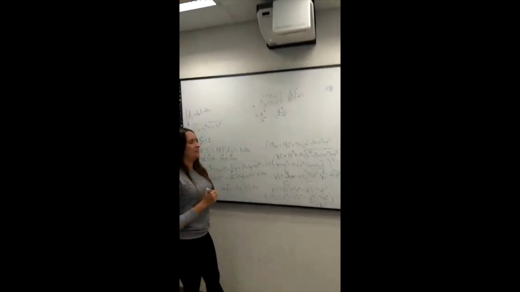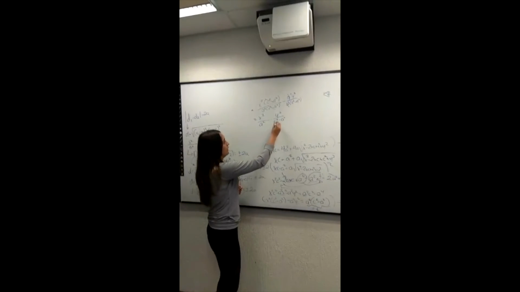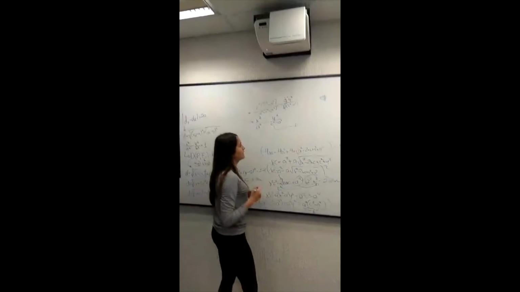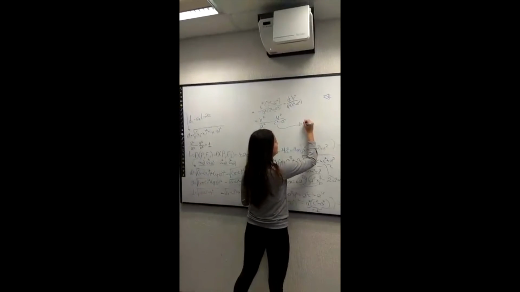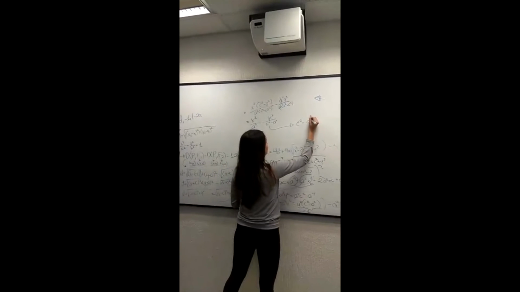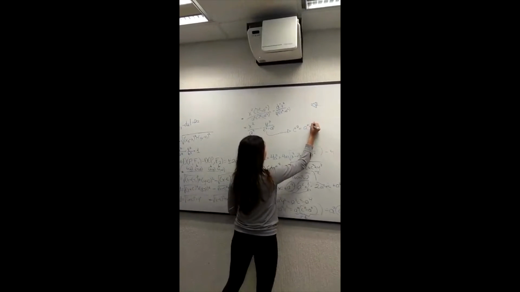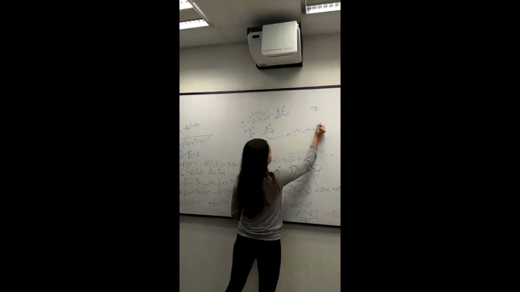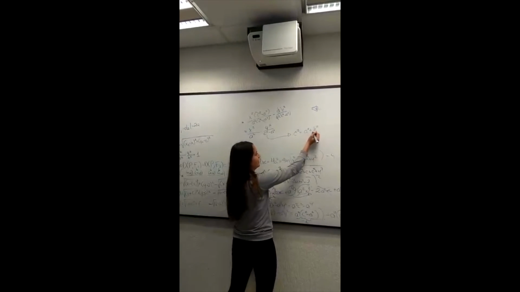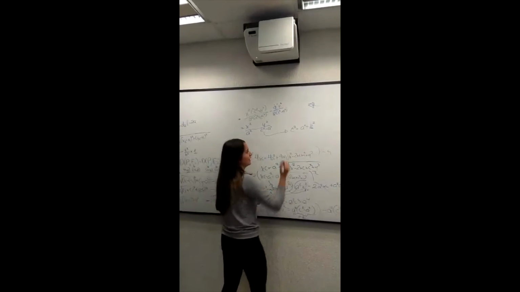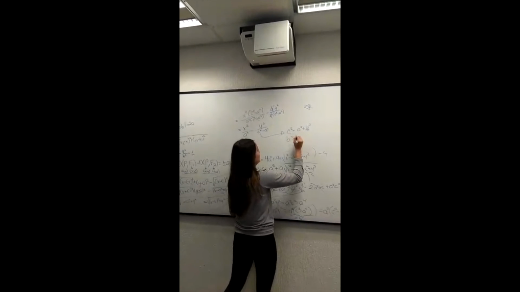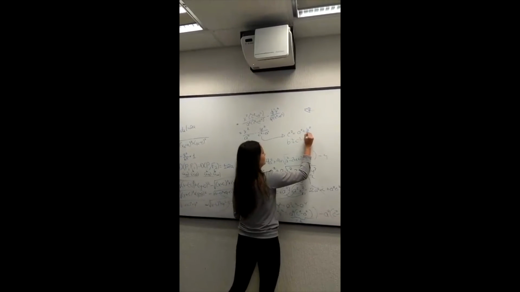From the Pythagorean theorem, we know that c squared is equal to a squared plus b squared. So if we isolate b squared, we have that b squared is equal to c squared minus a squared.